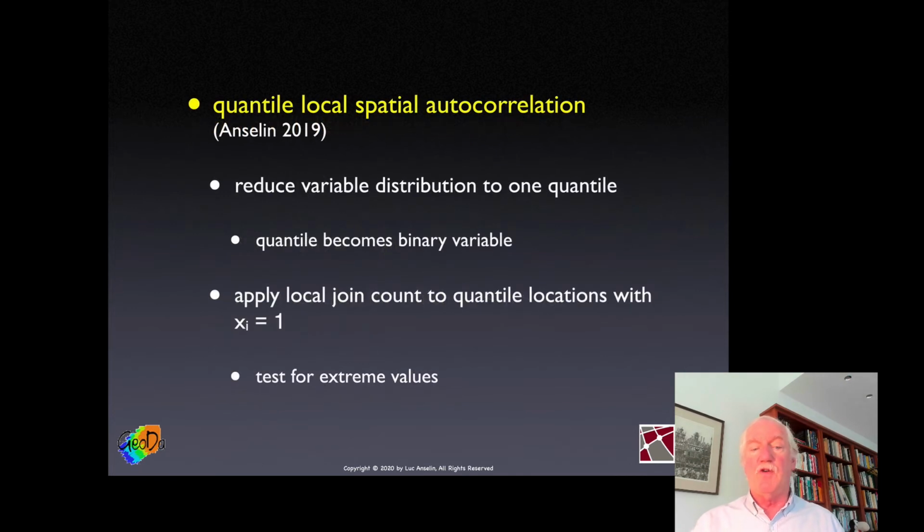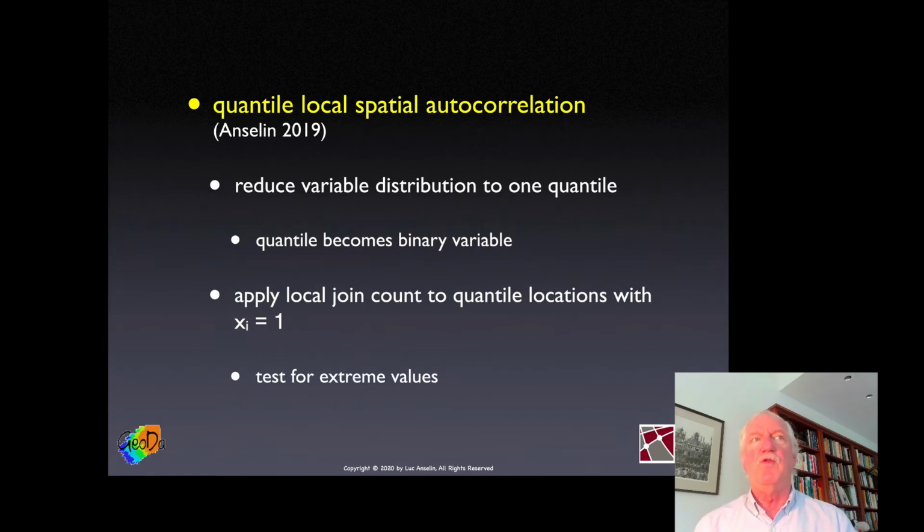And then, of course, we're in business, because once you have reduced this continuous distribution to a particular quantile, the quantile becomes the binary variable, and we can apply the local joint count statistic. This is what I call a Quantile LISA, Quantile Local Spatial Autocorrelation. It turns out to be particularly effective to focus on the extremes in a distribution.